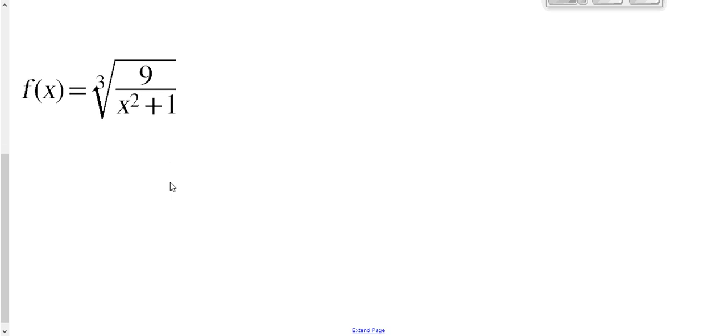And now the last problem. Before we get started, I want to make sure that we rewrite this. We would have a 1/3 power due to this cubed root out here. Then, if you look on the inside, it's just 9 divided by x squared plus 1.